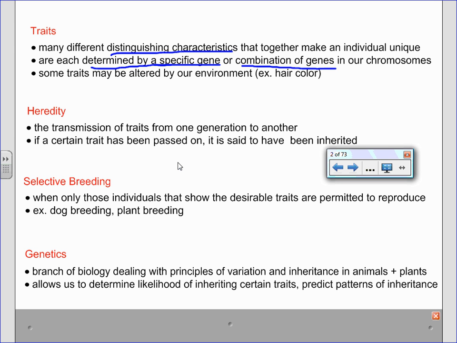So for instance, they may have certain plants that they want to have resistance to a certain bug. If they notice that certain ones are more resistant, then they'll try and breed so they only get that type. For dogs, maybe they like to have a certain build in the dog.